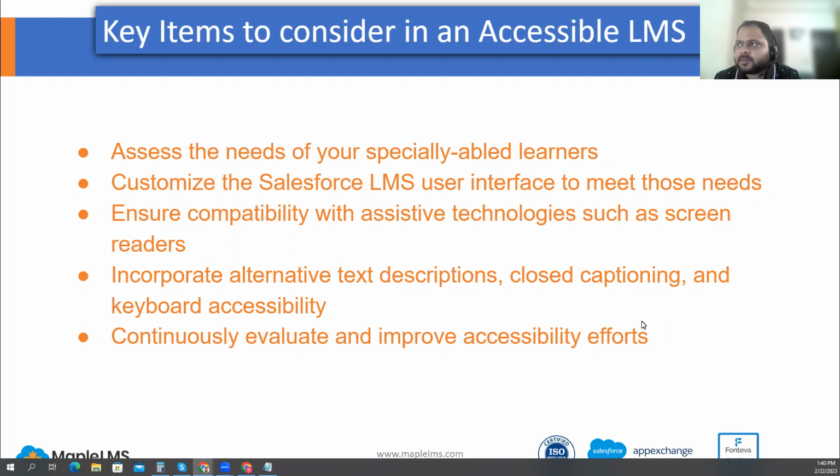Before we look at that, let's just look at some of these key items that you should consider in an accessible LMS. There should be a way to assess the needs of your specially able learners. Definitely, you need to identify what needs you have for your specially able learners, and also should have the ability to customize your LMS interface to meet those needs.